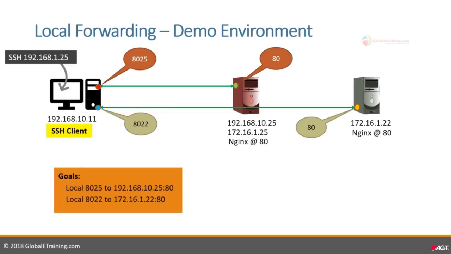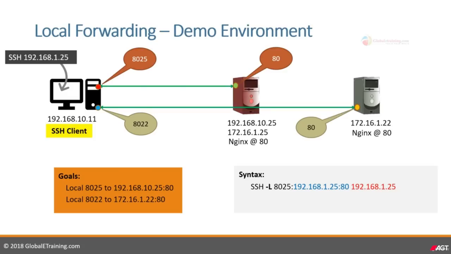Now the goal is to make these websites appear locally on the client machine, which is .11, as if they were running there locally. So we would establish an SSH session from the client machine to the jump box in a way that it maps port 80 on the jump box to port 8025 on the .11 machine, the client machine.